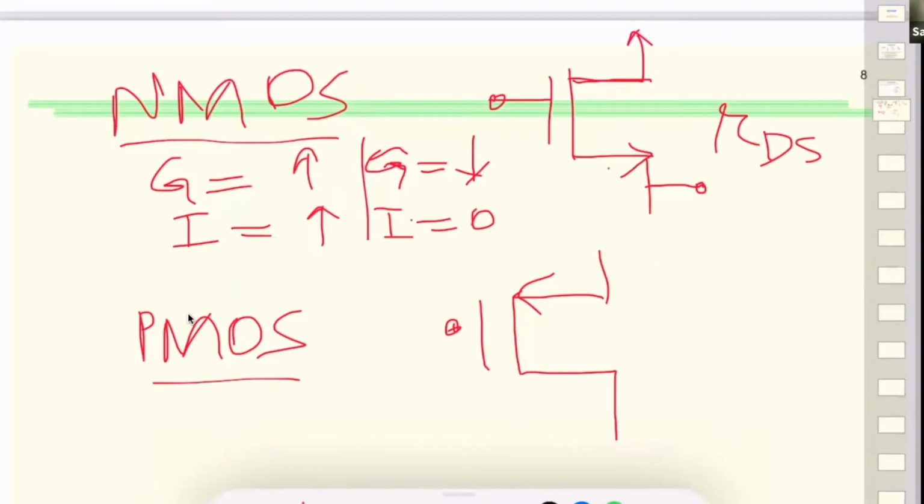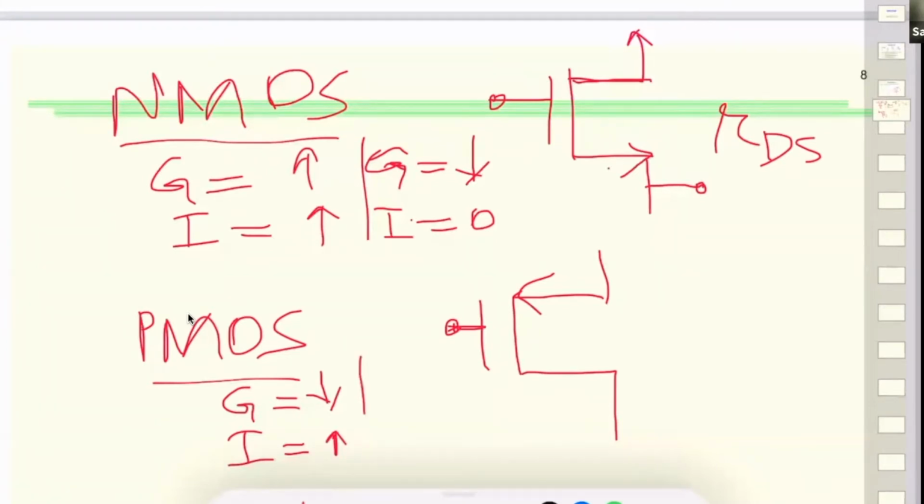Now for PMOS, it's the complementary fashion. To turn it on, the gate voltage has to be low, right? So remember the VOV and VSD relationship, so it has to be low. When it is low, the signal goes through. So there is this line.